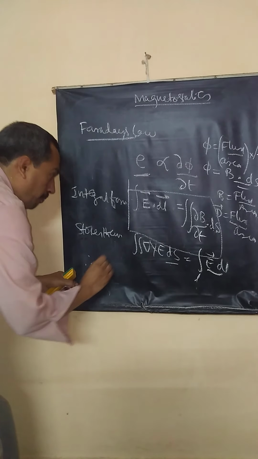So now what can I substitute here? Therefore, the LHS of Faraday's law becomes the integral of del cross E dot ds, equal to the rate of change of magnetic flux. Now from these, observe this, what can we write? We can write from these two expressions, compare this and this.